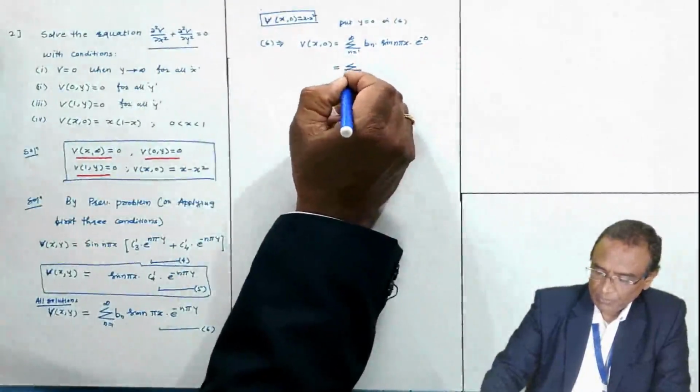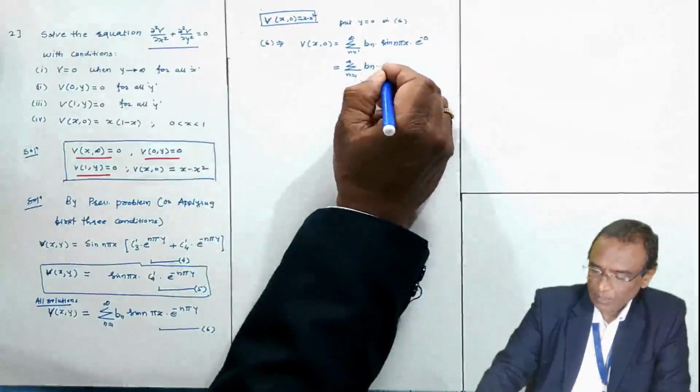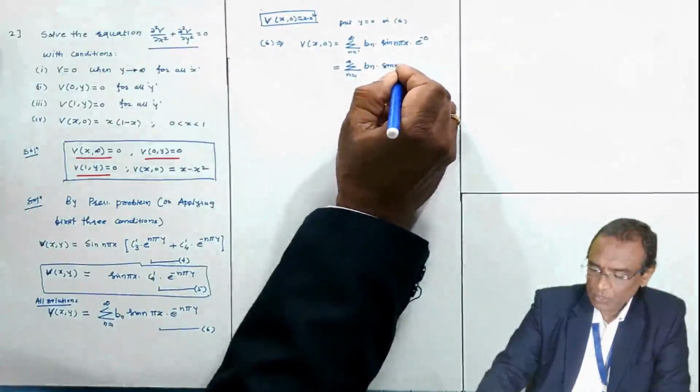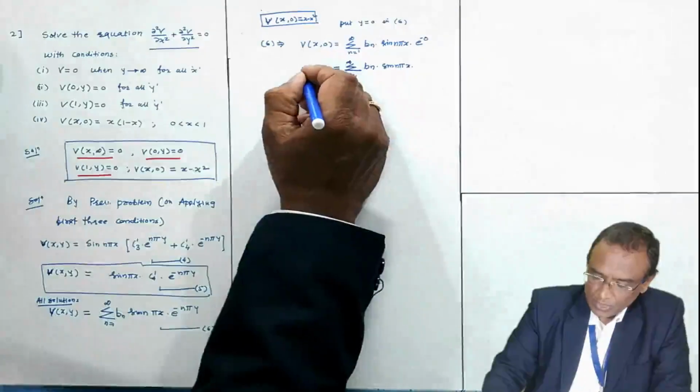Therefore summation n varies from 1 to infinity bn sine n pi x, e to the power 0 is 1, no need to write, and V of x0 is x minus x square.